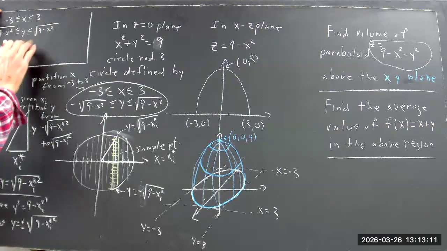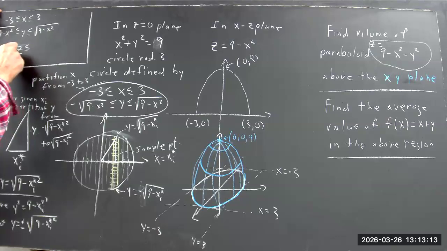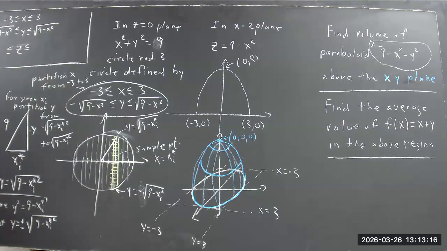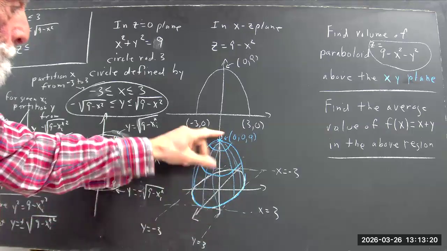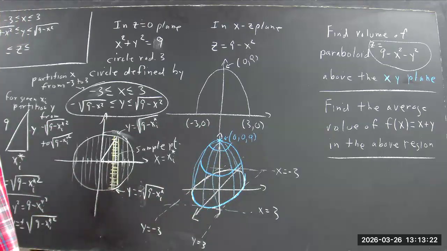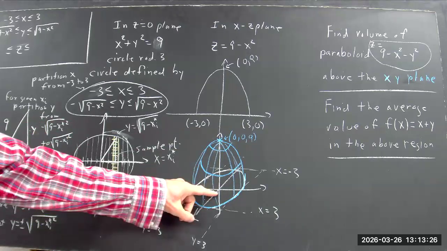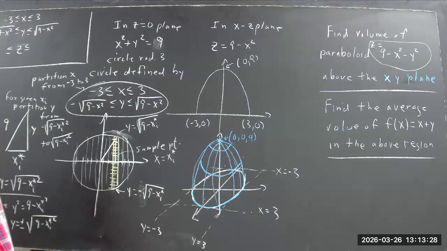And what happens to z? Where does z go if we try to partition this? It goes to 9 if x and y both happen to be 0, but if either one is different than 0, it's not going all the way up to 9.